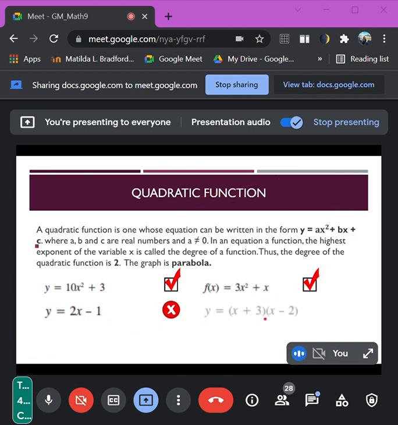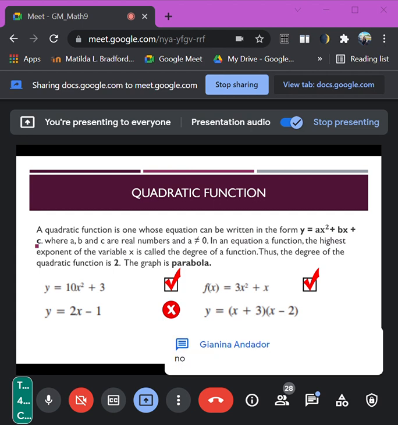How about this one, class? Y is equals to x plus 3 quantity x minus 2. We will use our topic on transforming equations into quadratic equations, the topic in the first grading. Remember, that is a factor. X plus 3, x minus 2.